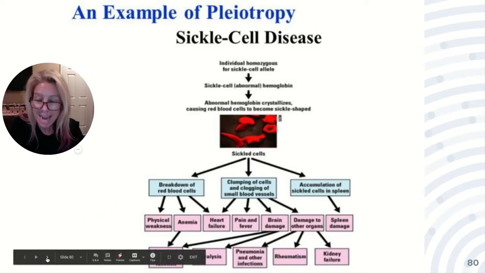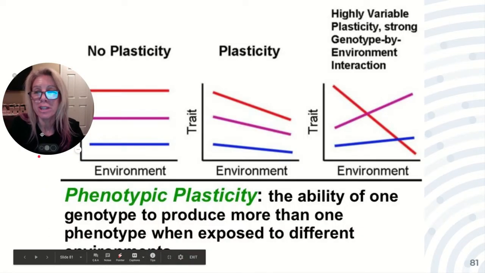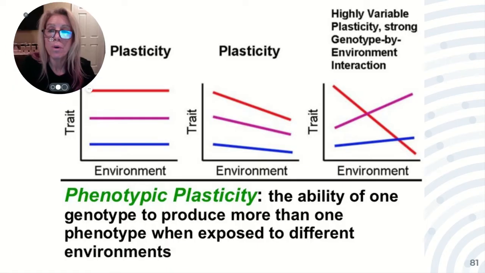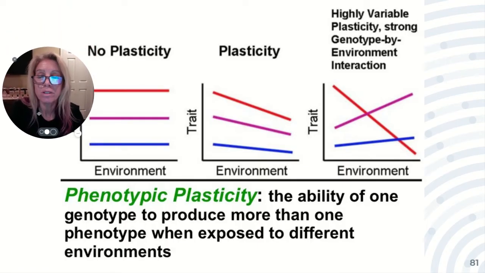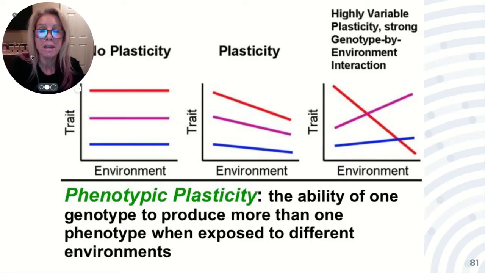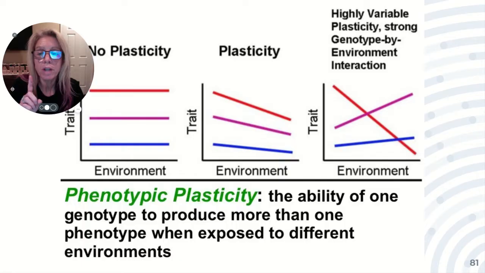All right, next I want to talk about phenotypic plasticity. So remember, phenotype is how something looks, right? The appearance of it. So in this case, it's the ability of one genotype to produce more than one phenotype depending on the environment.